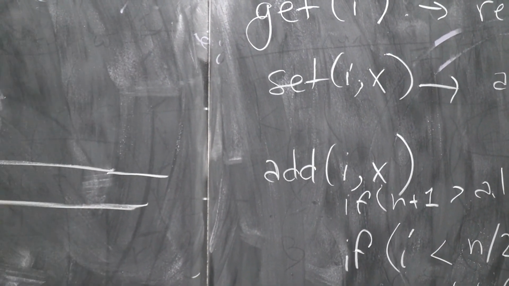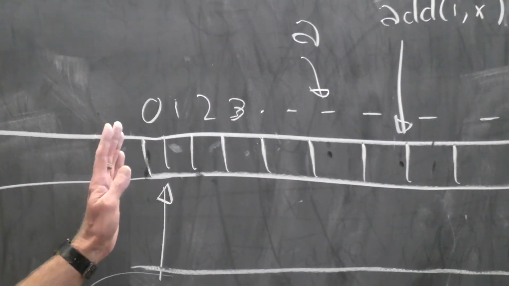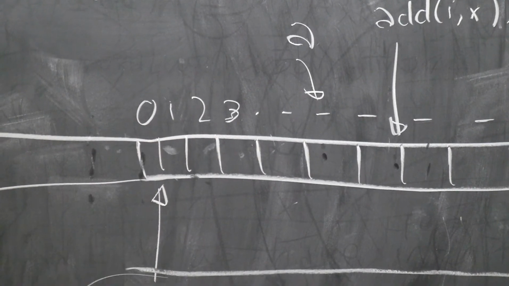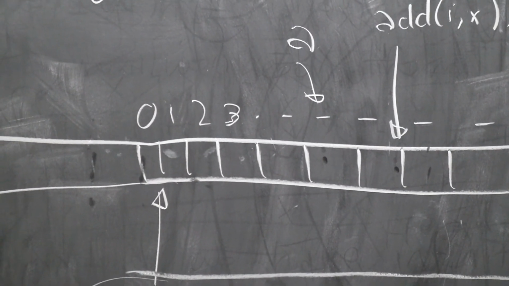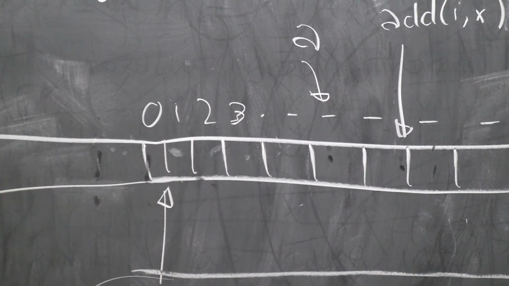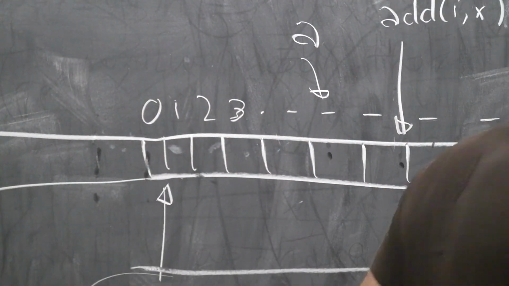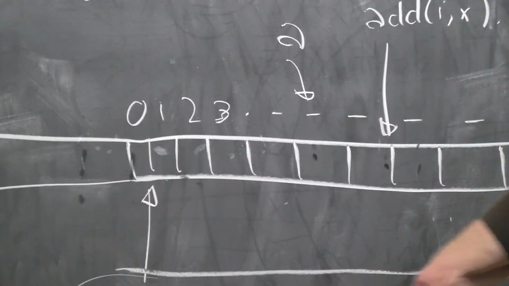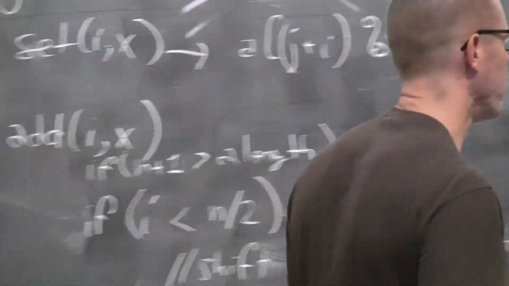J is just some internal thing that tells us where this array starts, right? So the I is an index between 0 and n minus 1, which then translates into position j plus I in the array. So we're asking really the same question we're asking here. Is I closer to the front, or is it closer to the end of the list?